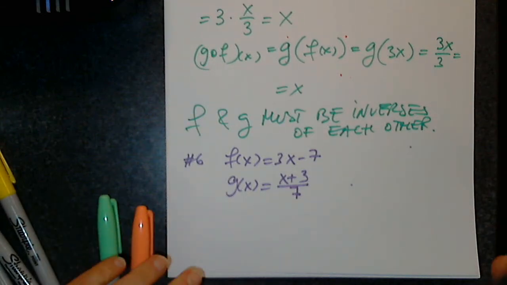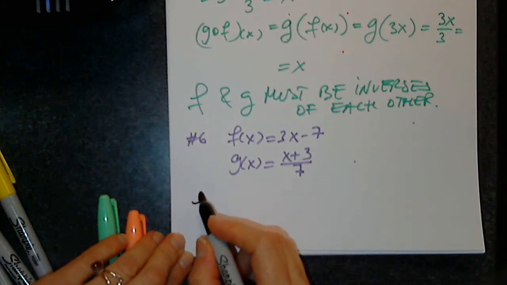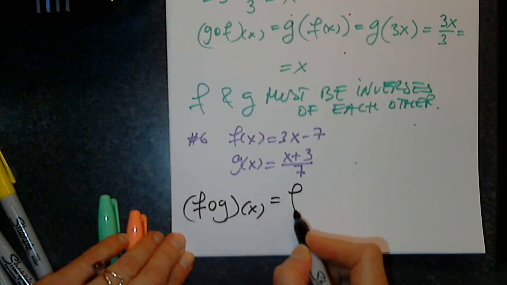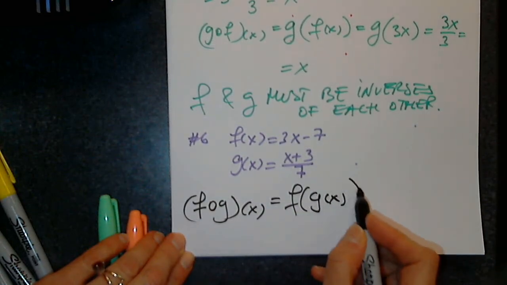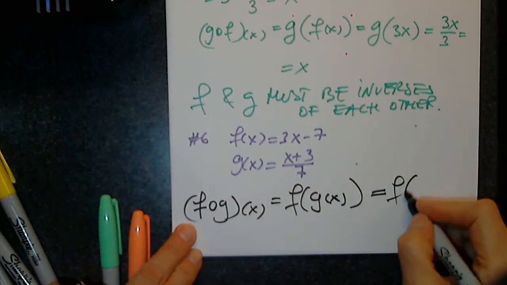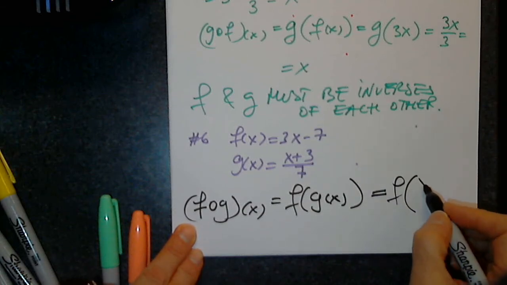What do I have to determine? F of g of x. Very good. By definition, f of g of x. Where do I start? G. Yes, perfect. So f of 3 plus x plus 3 over 7.